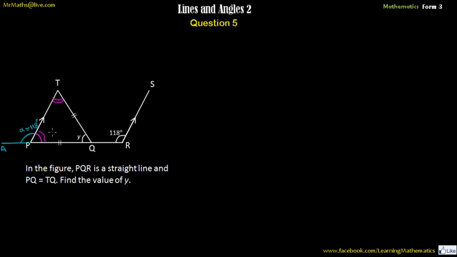Remember, if I call this beta, then alpha and beta are supplementary angles, and the total of alpha plus beta is 180. So alpha plus beta is equal to 180, but alpha is 118. Then 118 plus beta is equal to 180 degrees.